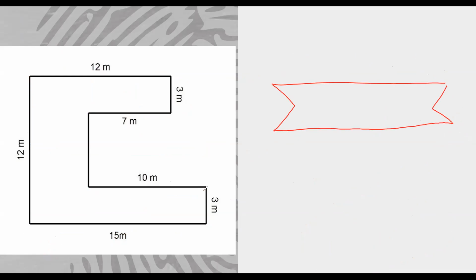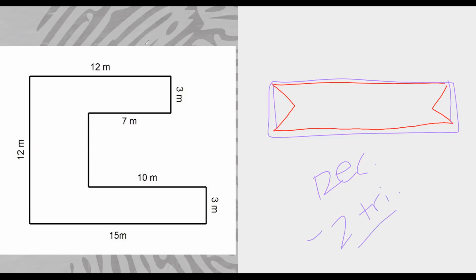I would strongly suggest composing it back together and making it a whole shape, and then subtracting the 2 triangles from the end. So find the area of the whole, so the rectangle, and then subtract the 2 triangles. That's probably the easiest way to go about that question.